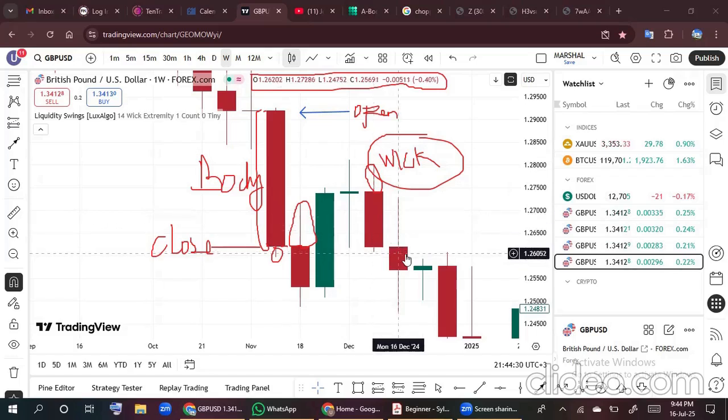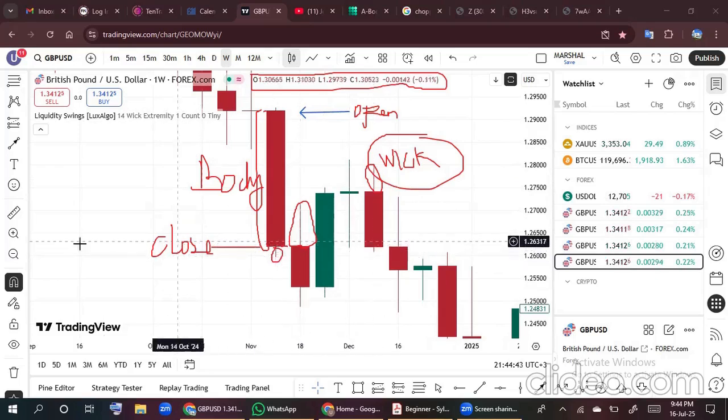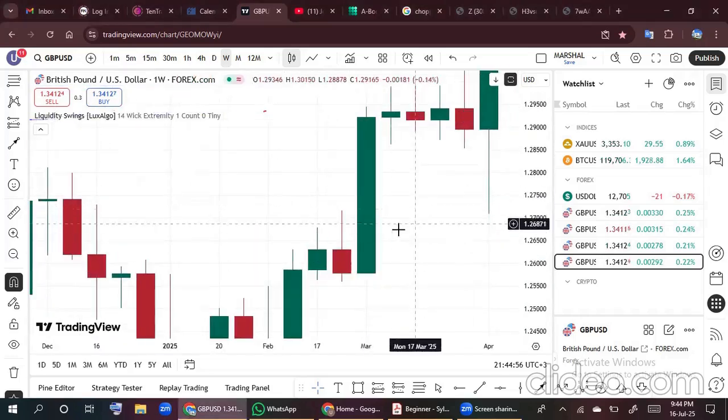It gives you the percentage movement too. So the candle has the open, close, body, and the wick. It's the same for the bearish candle.